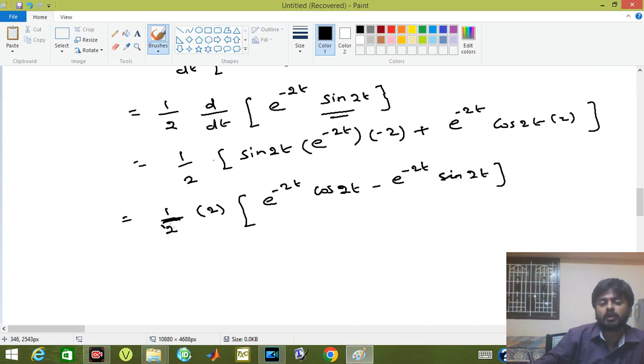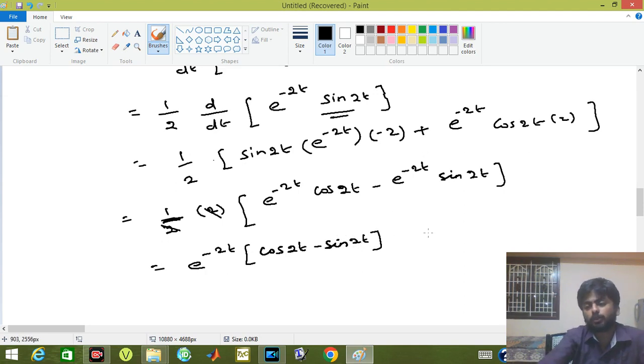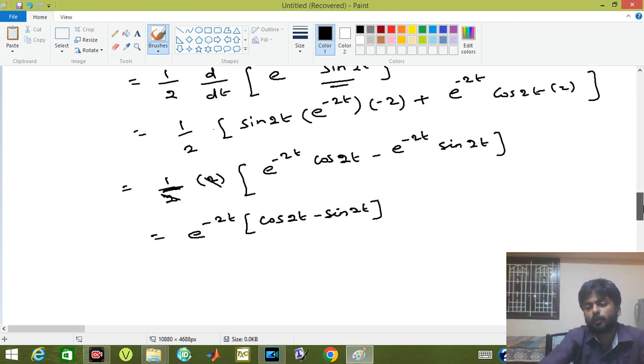So these two will get cancelled. So you can take e power of minus 2t commonly outside, and you will get the result cos 2t minus sine 2t.